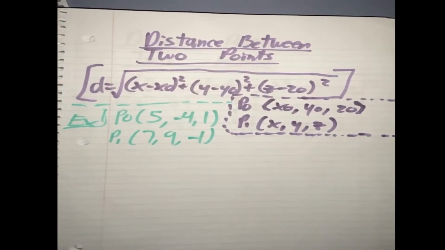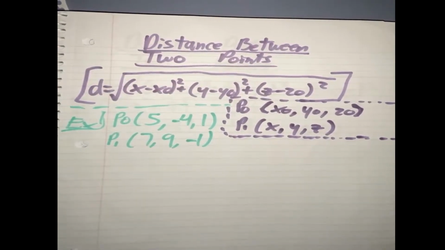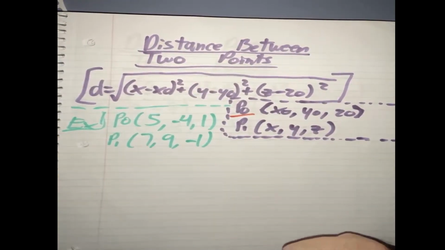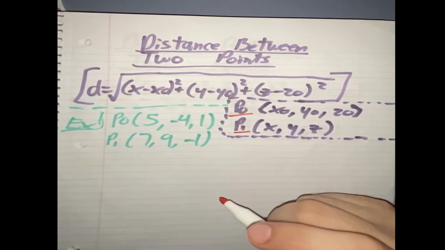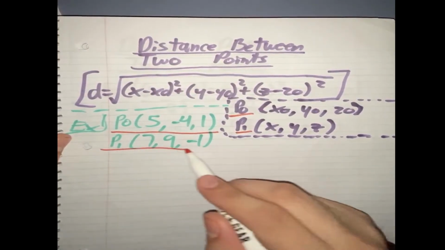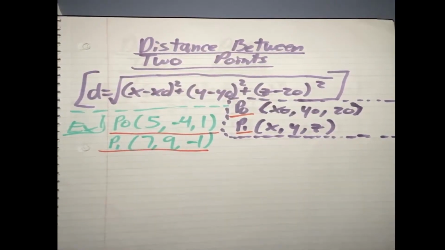So basically you have your first point, which is noted as P naught, and you have your second point, which is noted as P1. So right here, P naught and P1.